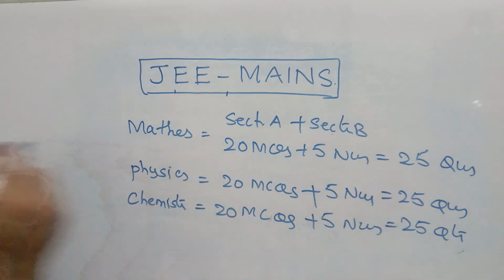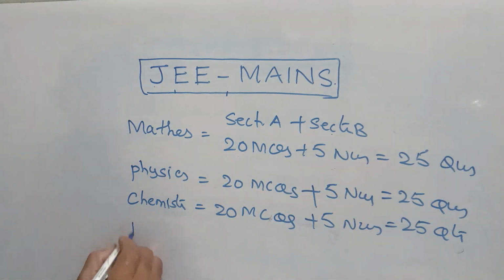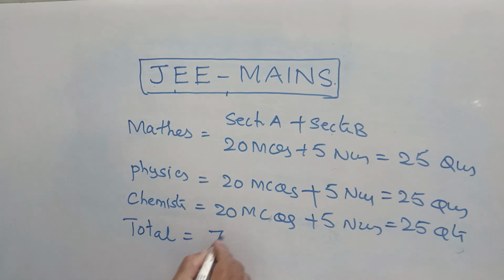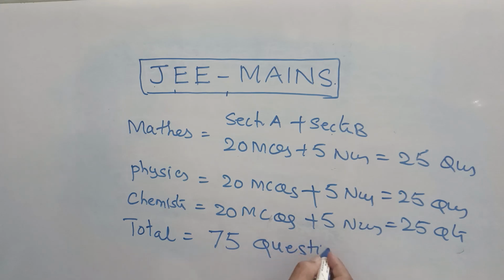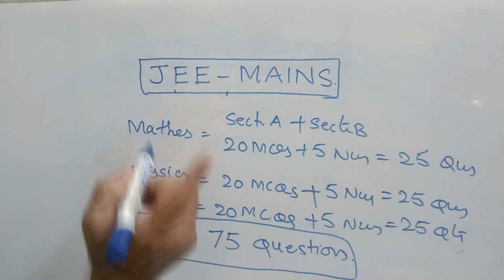So 25, 25, 25, that is 75 questions. Therefore, in JEE Mains, you will get 75 questions, whereas in the set examination, 160 questions will be there, 80 plus 40 plus 40.